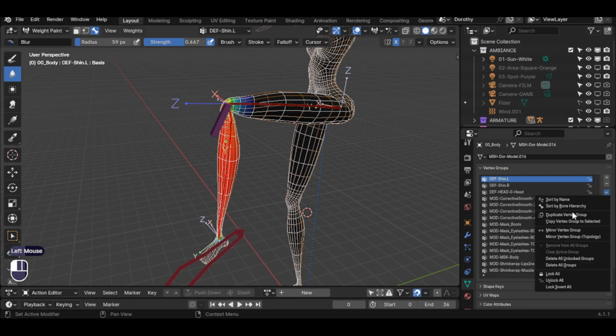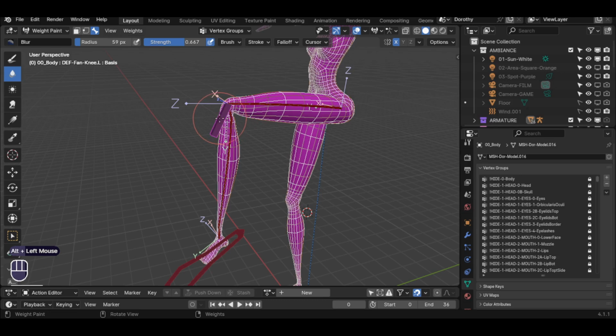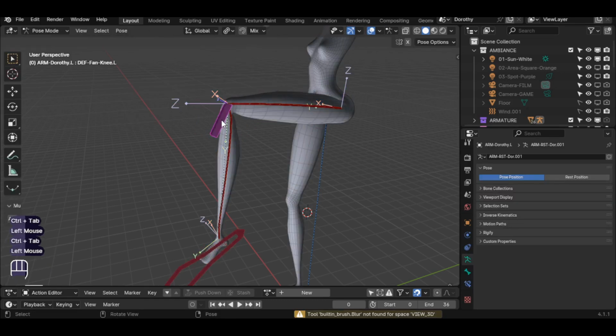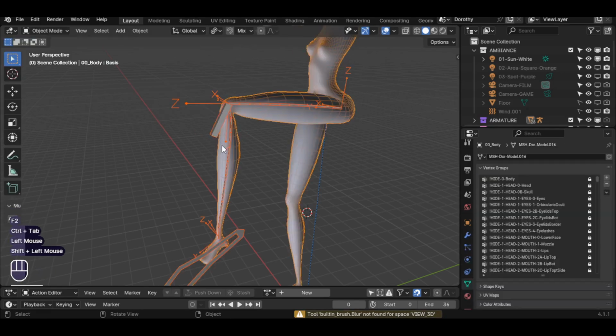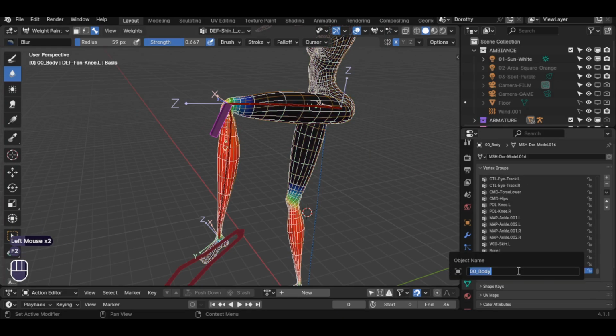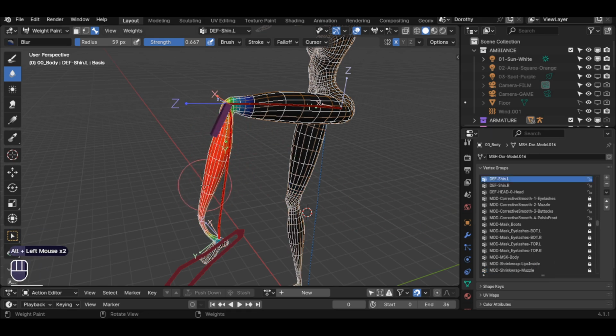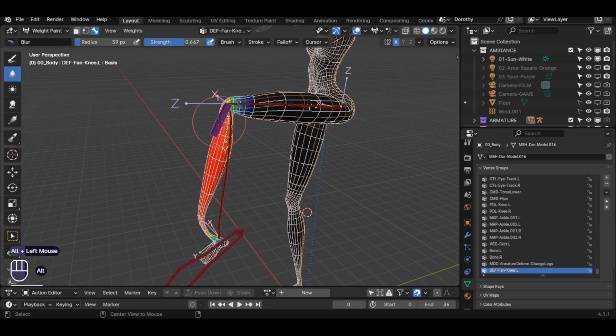I'm going to duplicate this vertex group. It's at the bottom here, but I need the name of the fan bone here, and then I can paste it here.